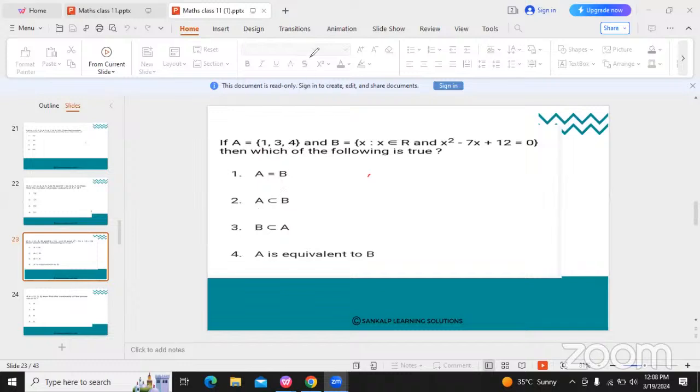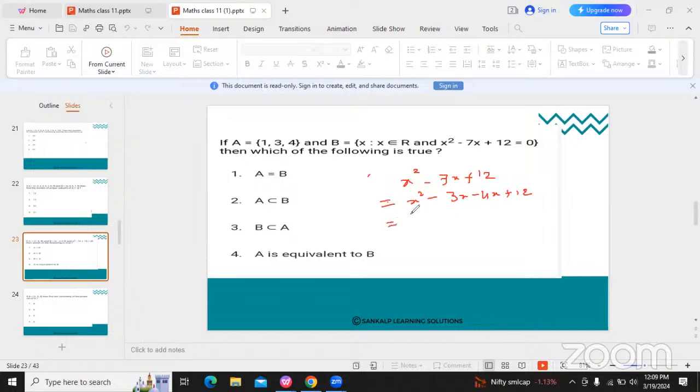First, you find out the roots of this equation, x square minus 7x plus 12. Then we'll try to find this. The middle term minus 7x can be split as minus 3x minus 4x, plus 12.